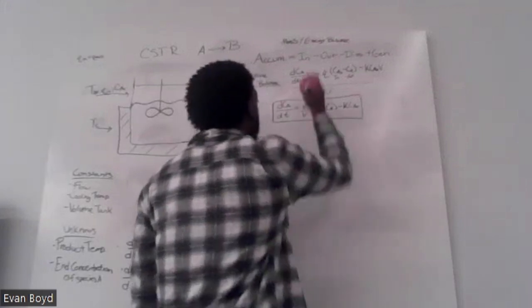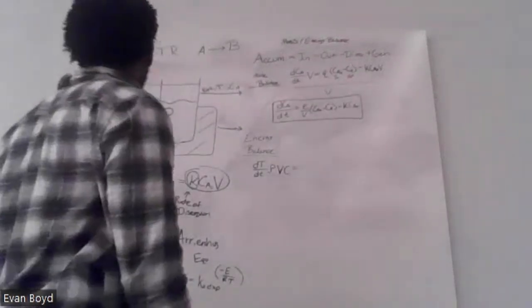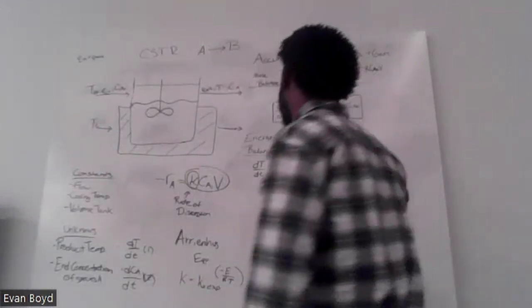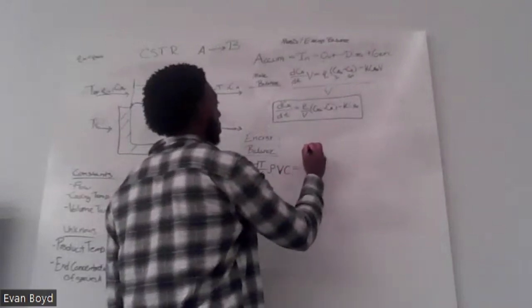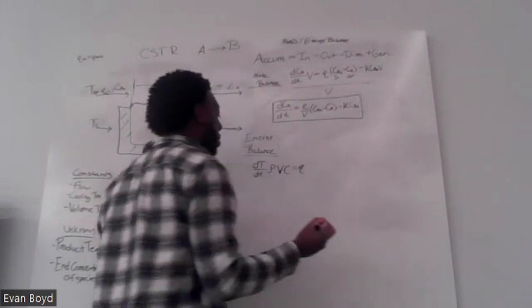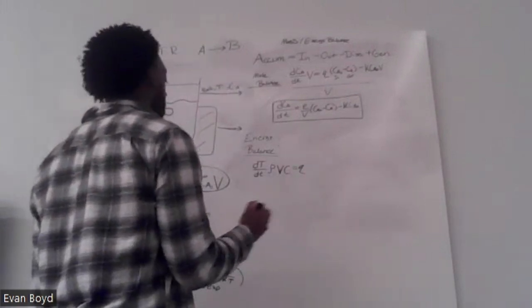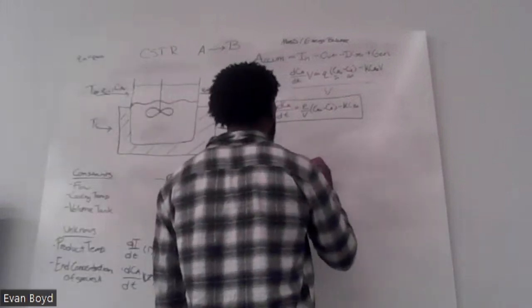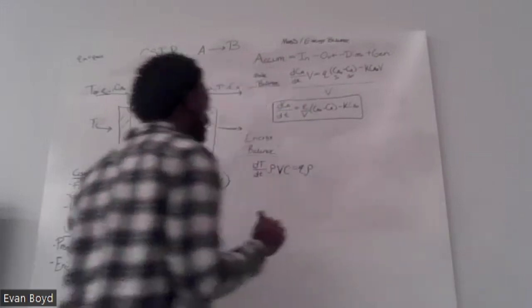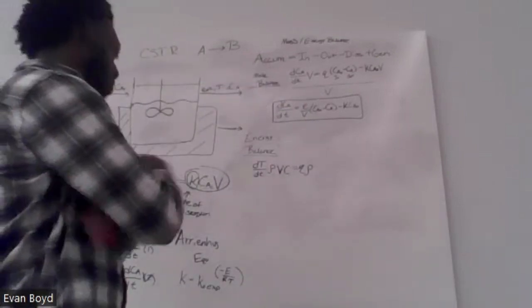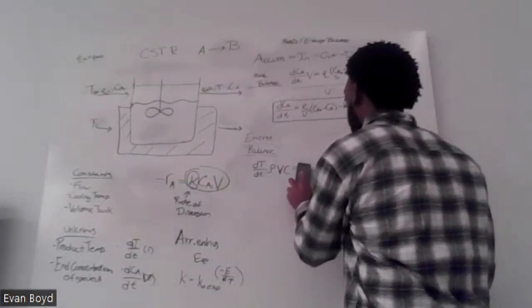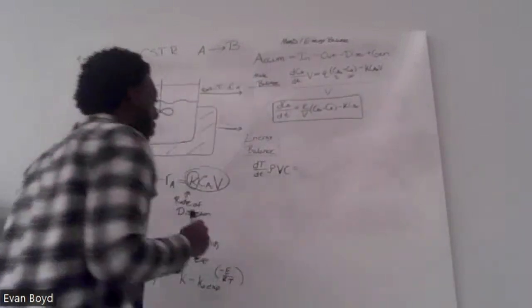We'll set this equal to in and out. Again, we know that we will have a flow, and our flows are equal, so Q times density.